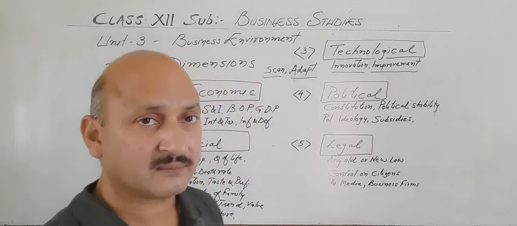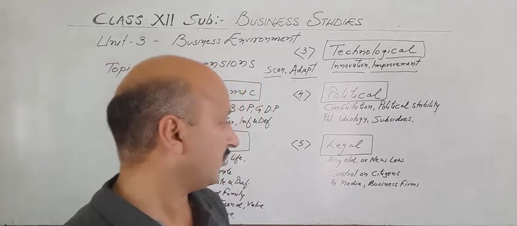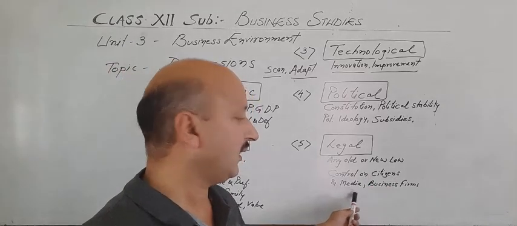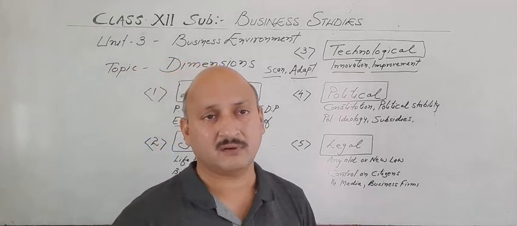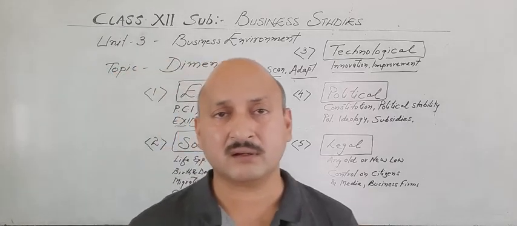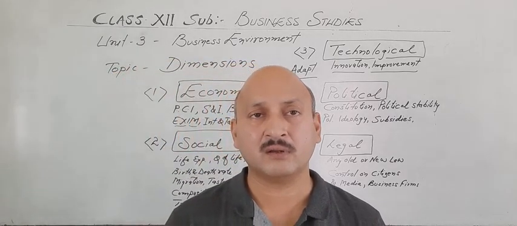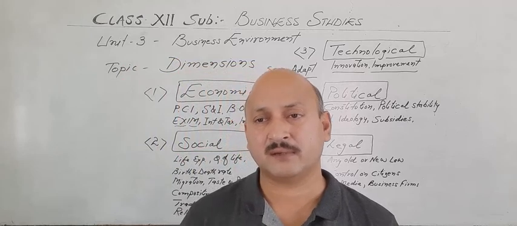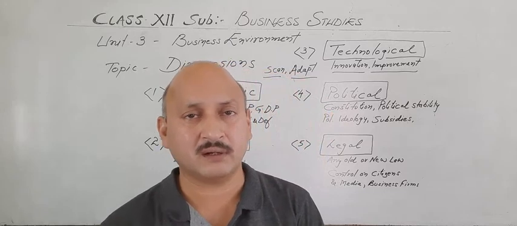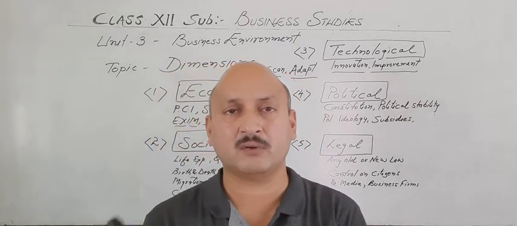Through legal environment, the government wants to control the citizens, media and the business firms. Or we can say overall the whole population of the country is controlled through the legal environment. And legal environment tells us what to do and what not to do.